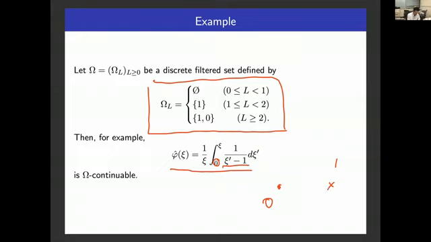Here, if L is greater than or equal to 1, omega L contains 1. So it represents a singular point at xi equal 1 of the function pi hat xi. And in this way, it has a singular point at xi equal 1, but the problem is the following.